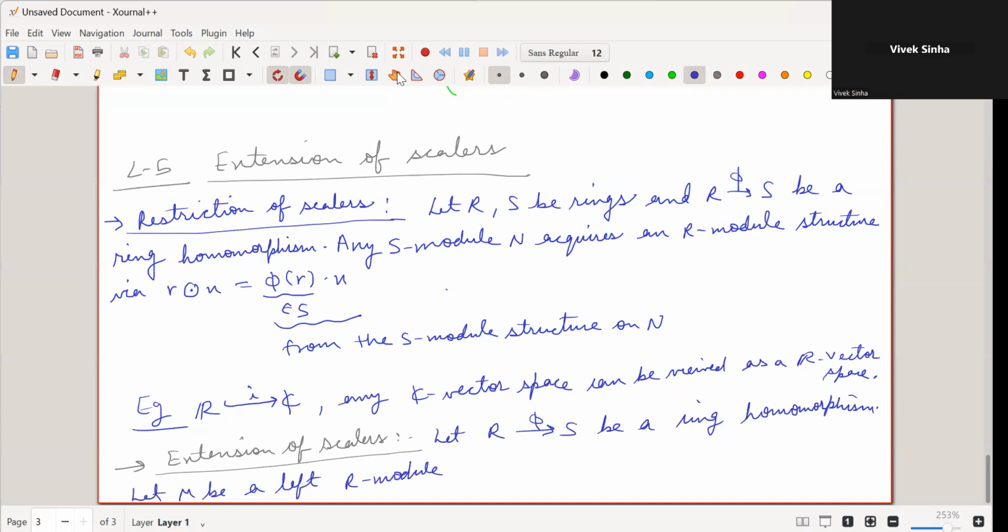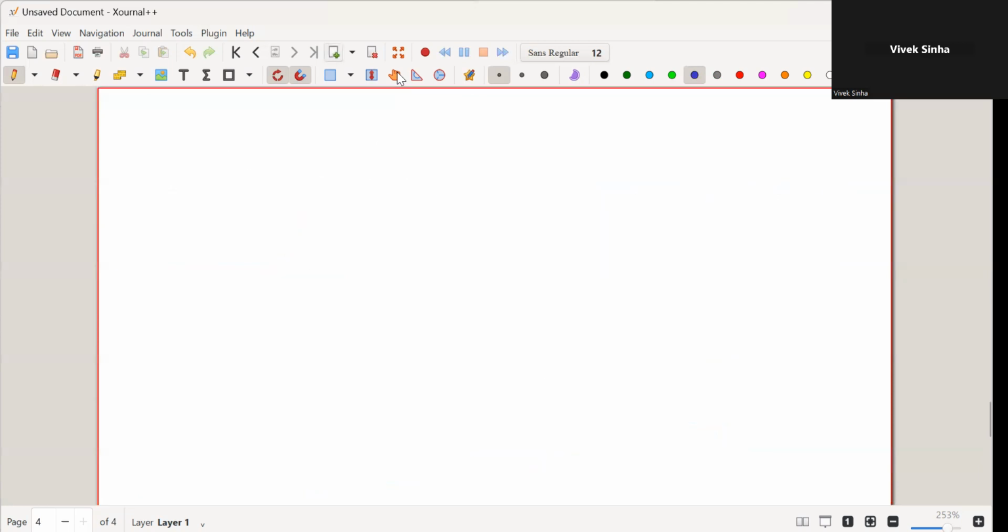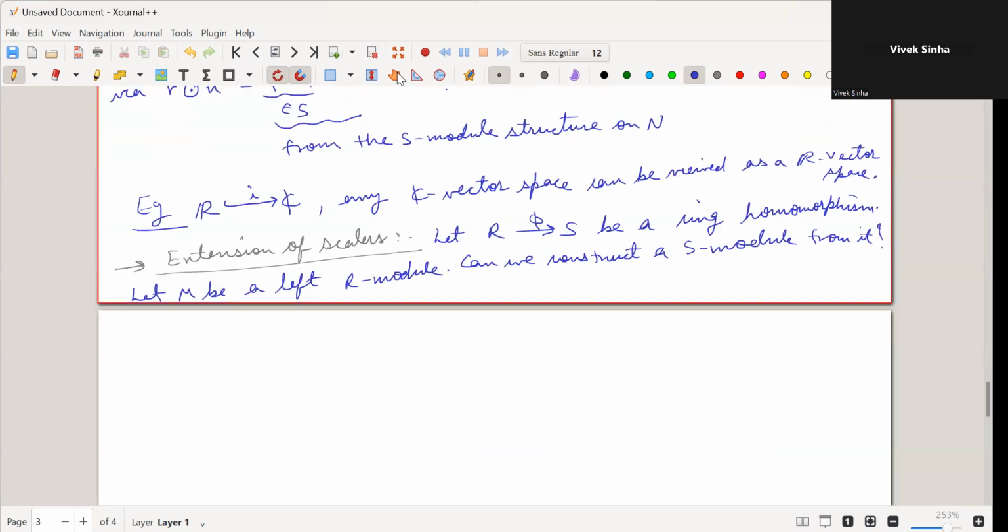Then using the module structure over M, can we construct an S module from it? So that is the question, and the answer to this question is precisely what is called the extension of scalars. Okay, so you are now extending scalars to S. So how can we do that?